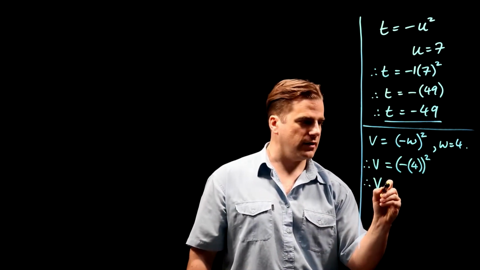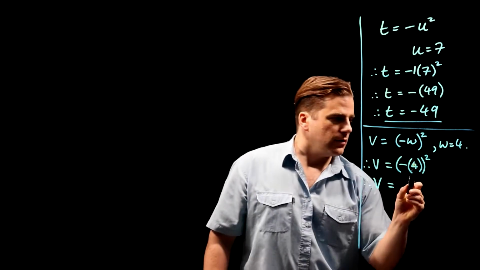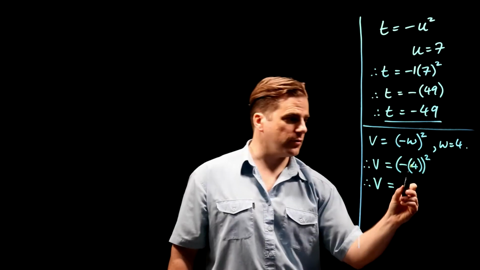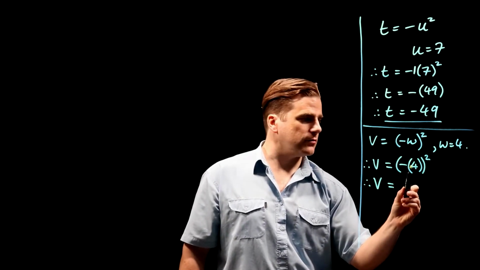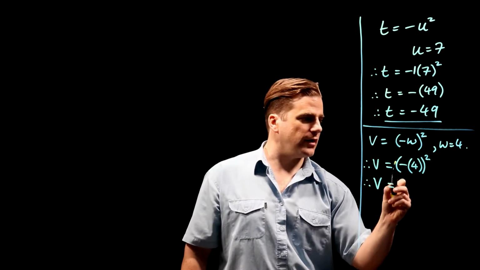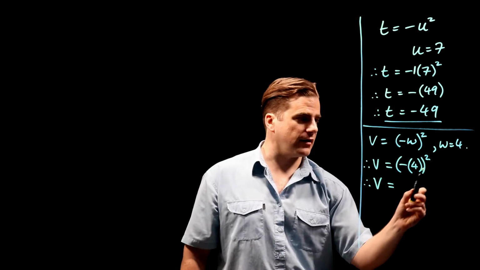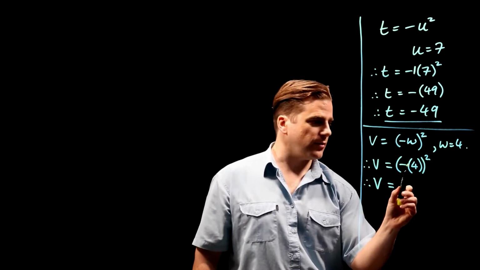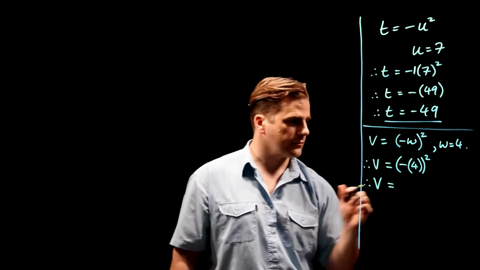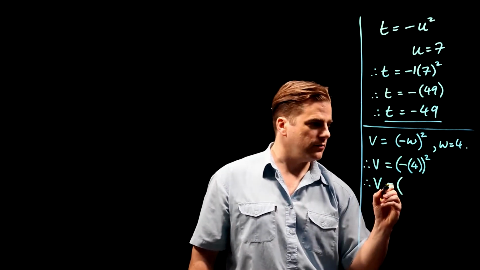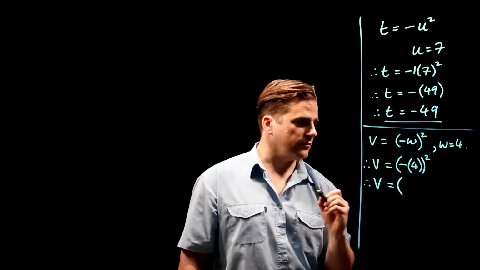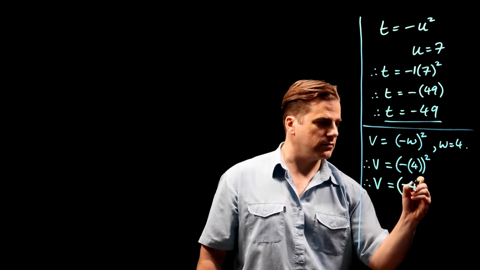Therefore, v equals, well, there's nothing more we can do with that bracket. BIDMAS, brackets is the most important thing. So we can evaluate the big bracket and simplify everything inside the big bracket. And that means we have to do this minus 1 times the 4. So minus 1 times 4 is just minus 4.